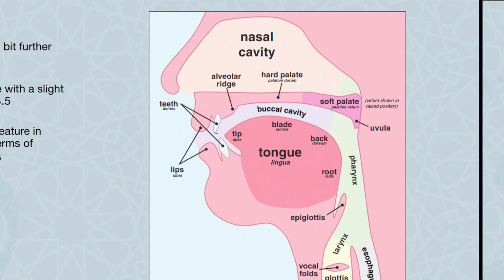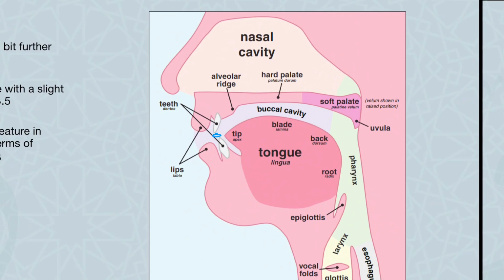Basically, you put your tongue behind your front teeth and push some air in, and you get the sound t. But for the sound th, you have to bring the tip and put it somewhere here with a little bit of gap and push air, and you would realize that you're making the sound th.